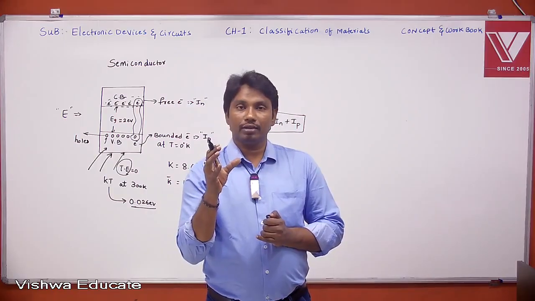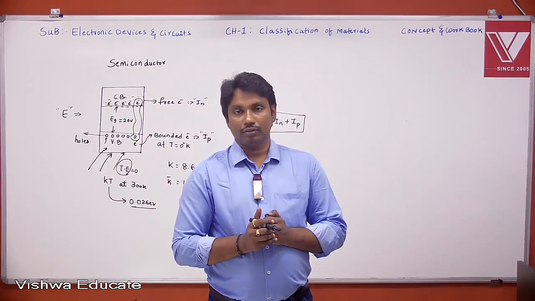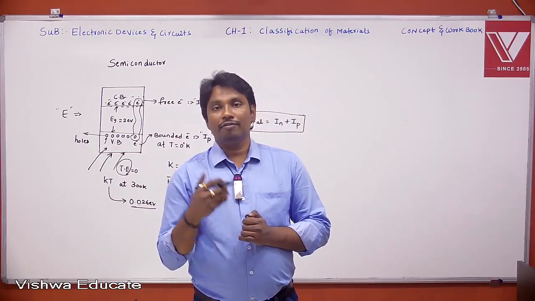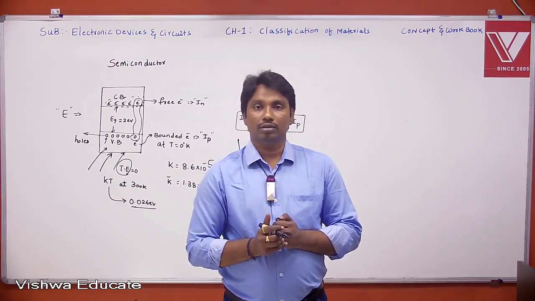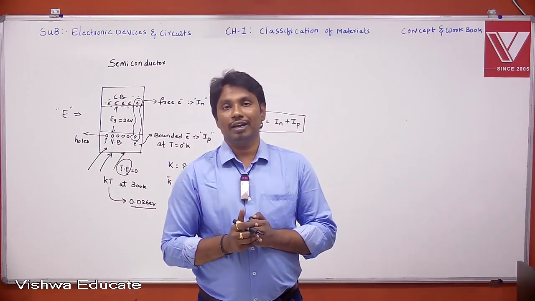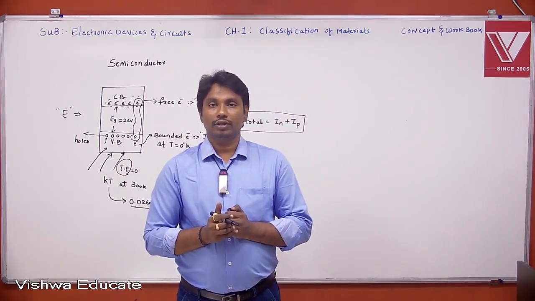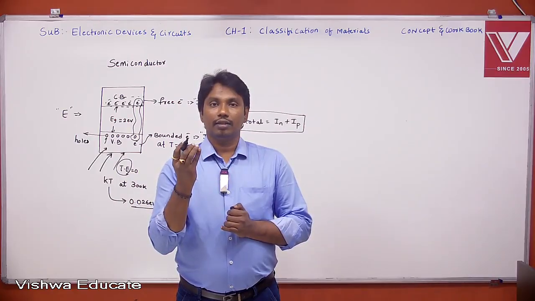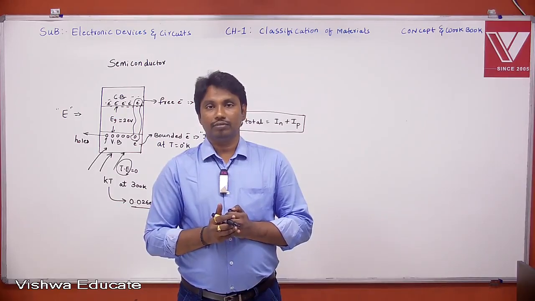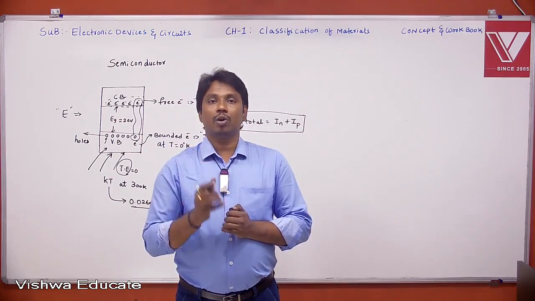After acquiring sufficient thermal energy, the valence electrons can move from the valency band to the conduction band. Then vacancies are created in the valency band. These vacancies are called holes.